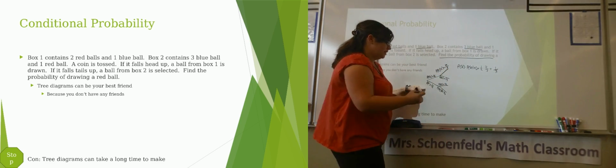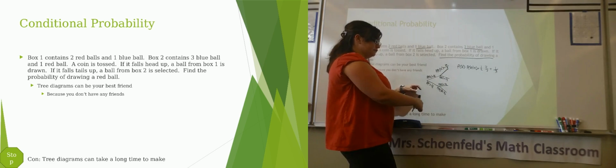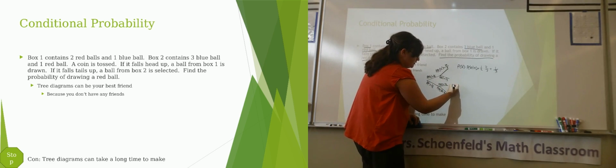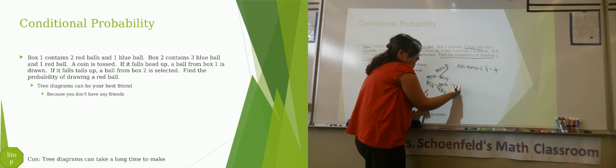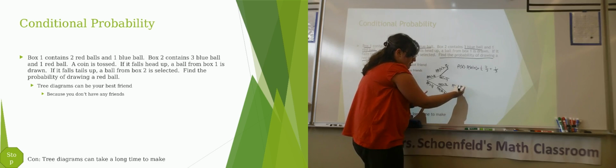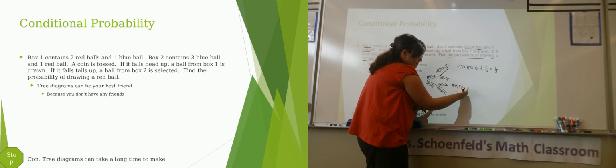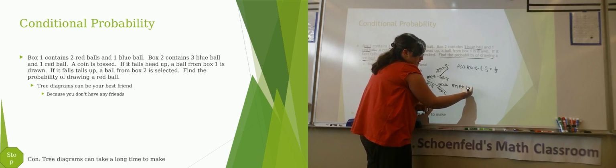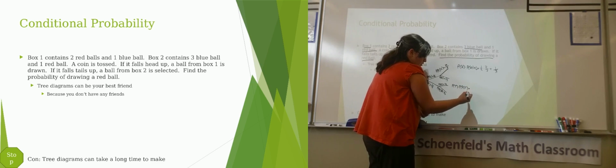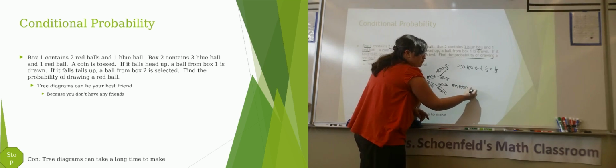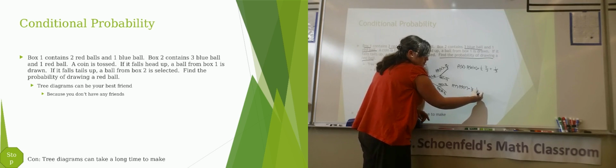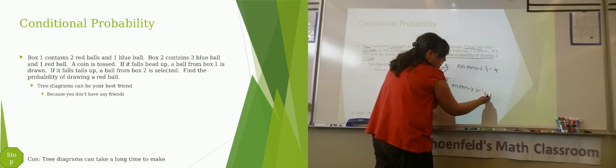Then the other thing I need to look at for red balls was the probability of tails times the probability of red given that tails happened. And that one is 1/2 times 1/4, which is 1/8.